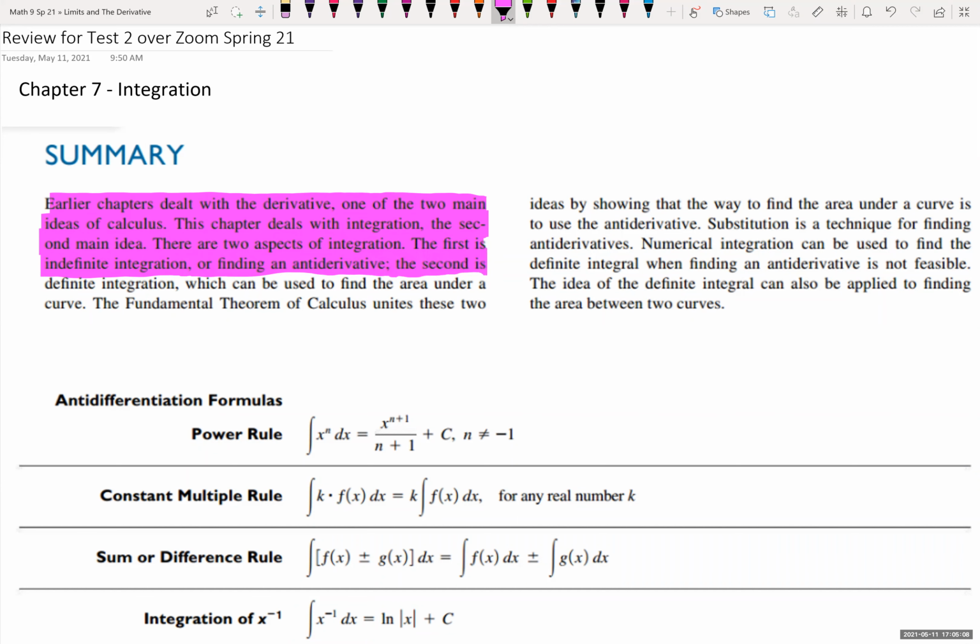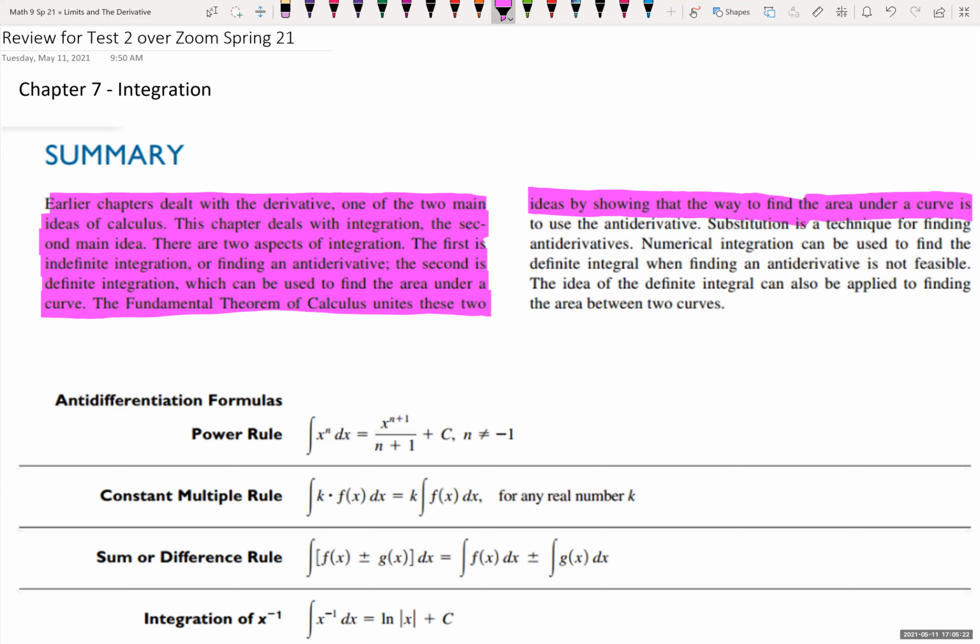And the second is definite integration, which can be used to find the area under a curve. The fundamental theorem of calculus unites the two ideas by showing the way to find the area under the curve is to use antiderivatives. Substitution is a technique for finding antiderivatives.